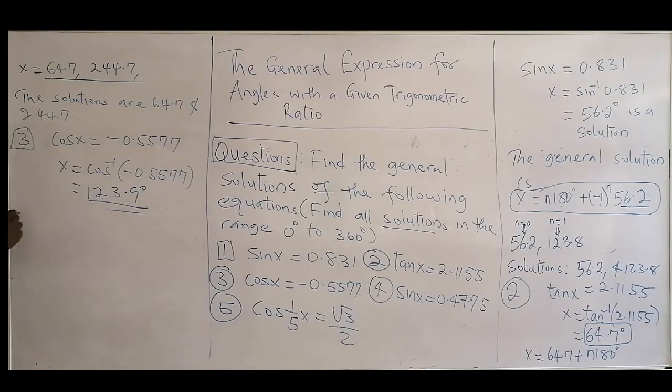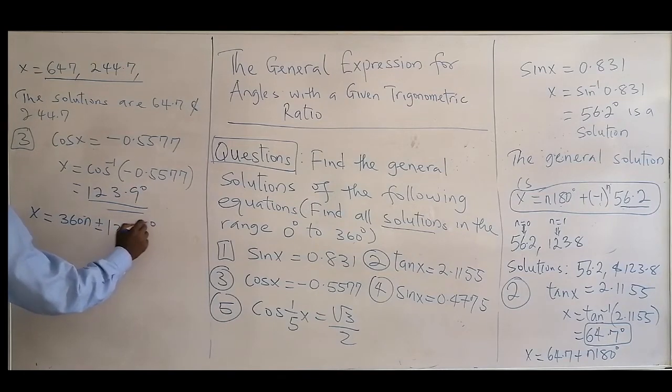So the general solution for cosine is 360n plus or minus theta, where our theta is 123.9 degrees.